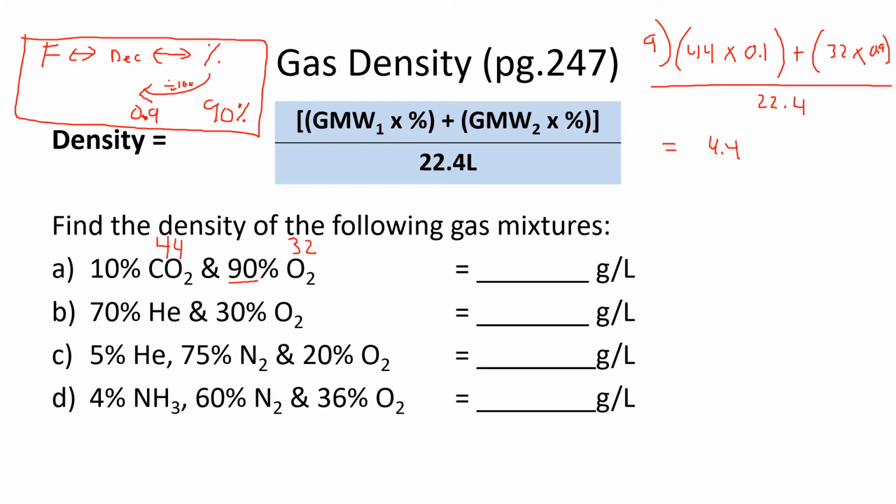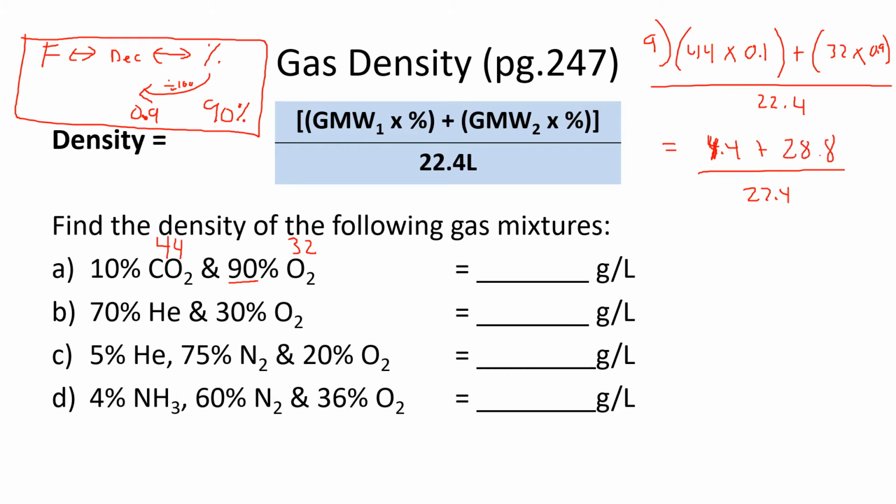So that one would be 33.2, then divided by 22.4. All right, somebody punch this in for me. What's 32 times 0.9? 28.8.